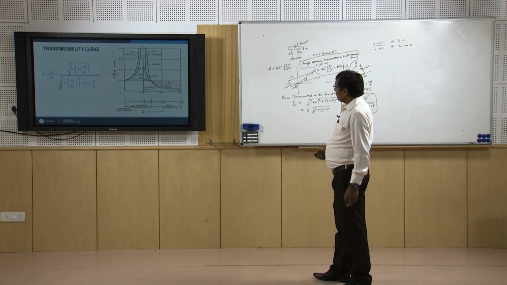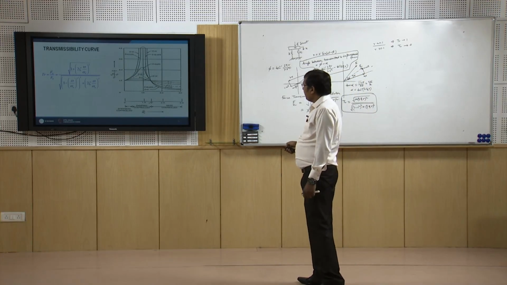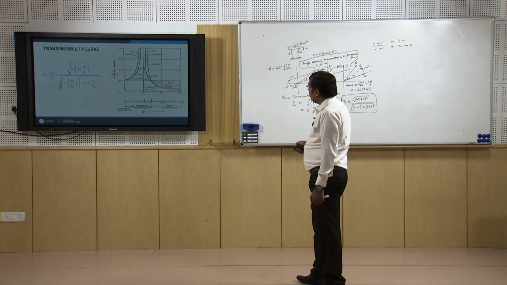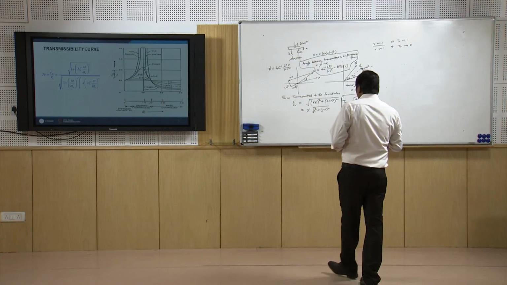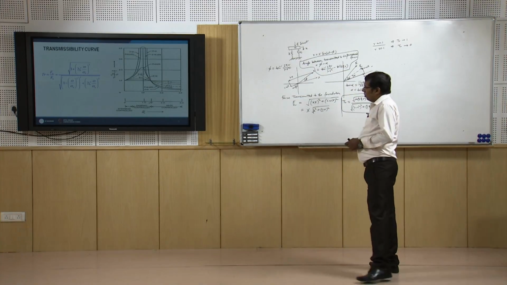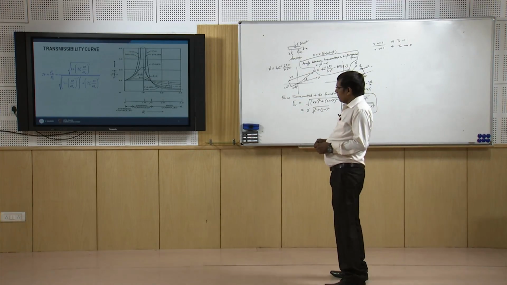This complete region can be identified in 3 different regions. Of course, the first region is the stiffness control region, because here we have r much less than 1.